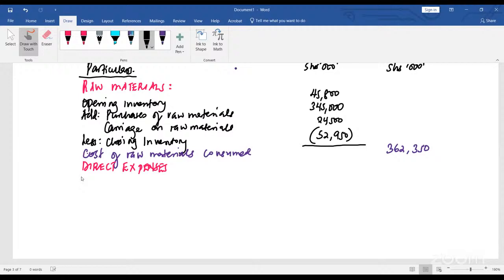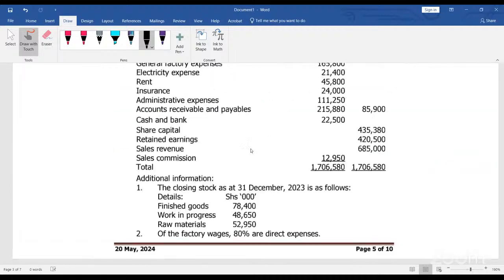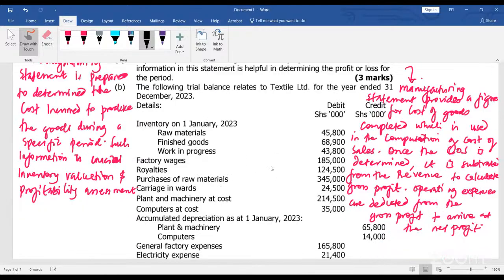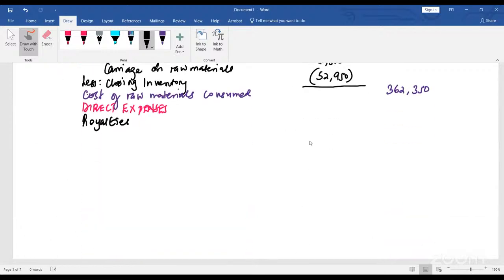I talked about royalties and I told you it's a direct cost or a direct expense. It's part of the prime cost computation. How much are the royalties? Check the trial balance. Royalties, we have 124,500.